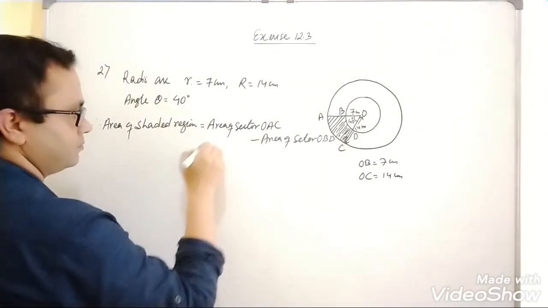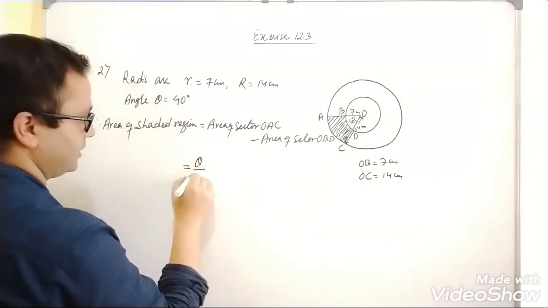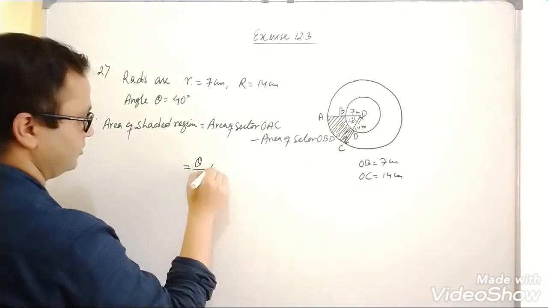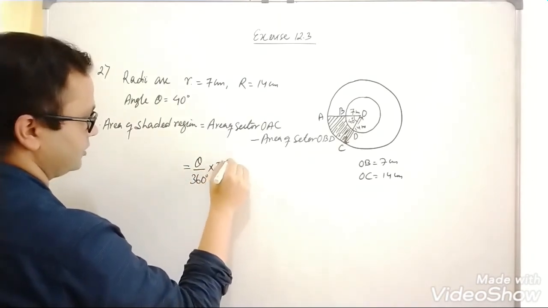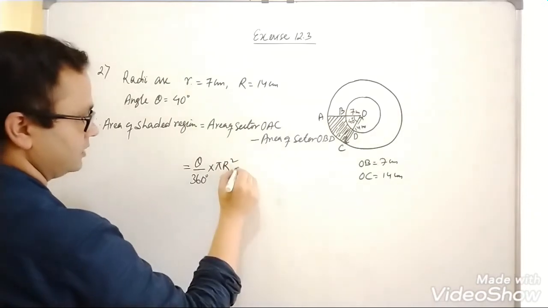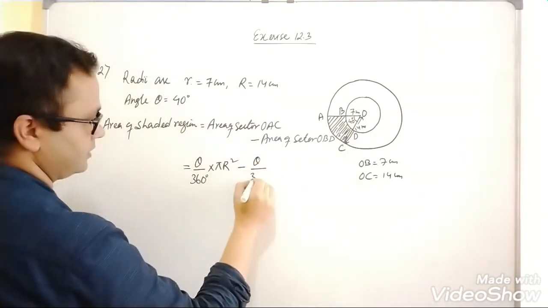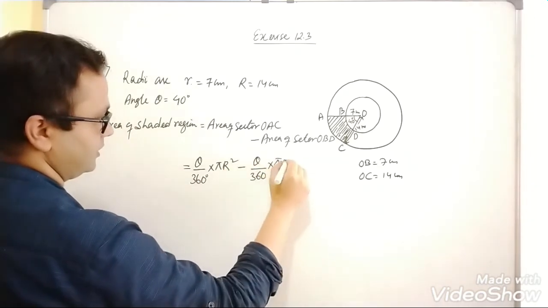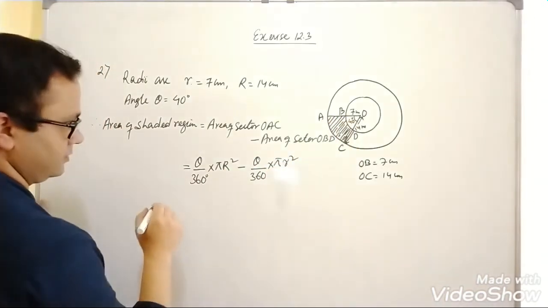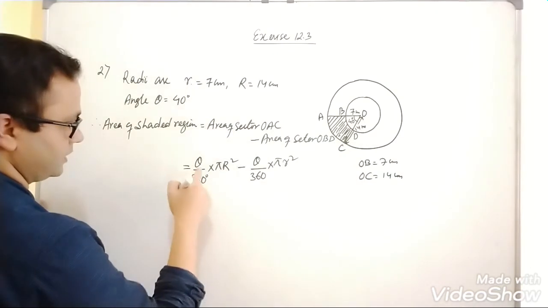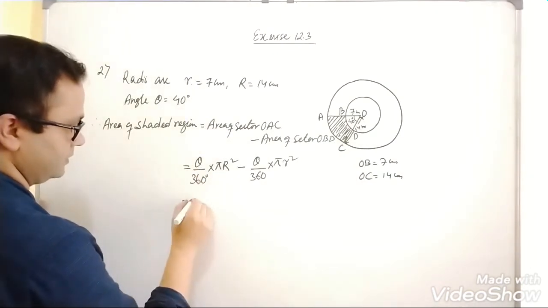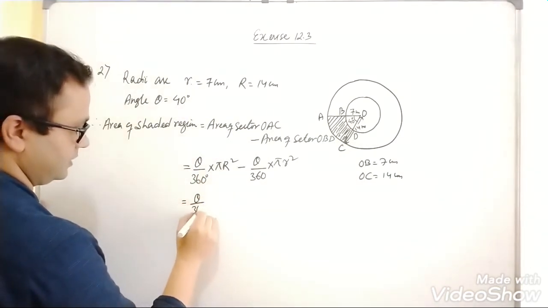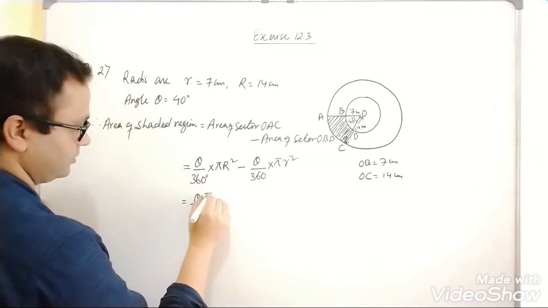Now put the formula: theta by 360 degree into pi capital R square for the bigger sector, minus theta by 360 degree into pi small r square for the smaller sector. So we can take theta by 360 into pi common.